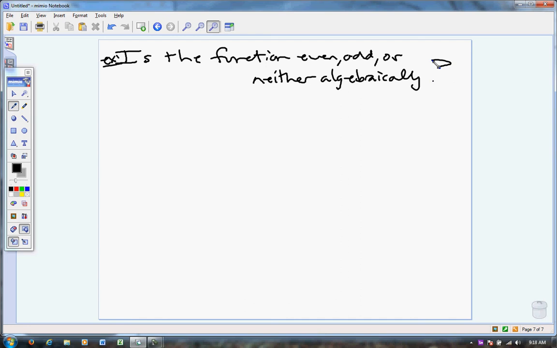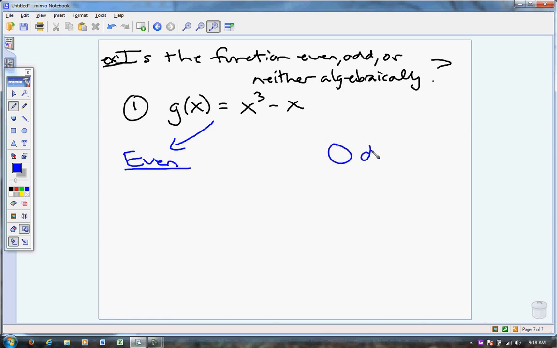Okay? And let's say that this is my function. G of x equals x cubed minus x. Well, the way that I normally set these up is I just go ahead and set up both tests. I set up my even and I set up my odd.